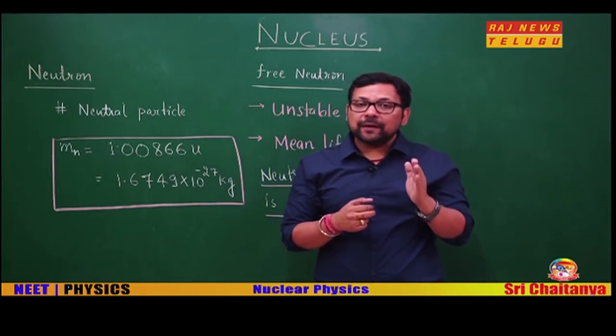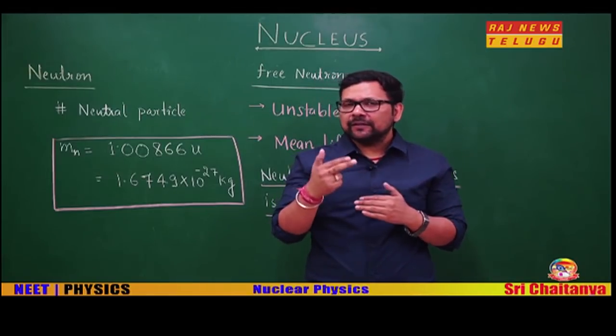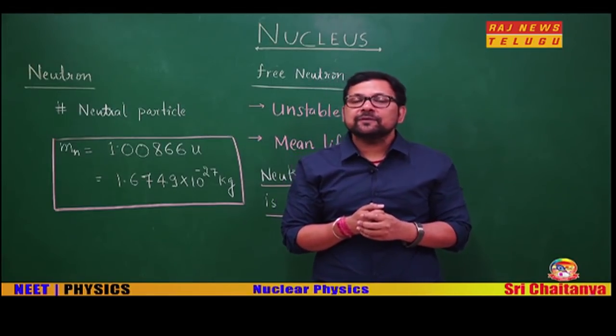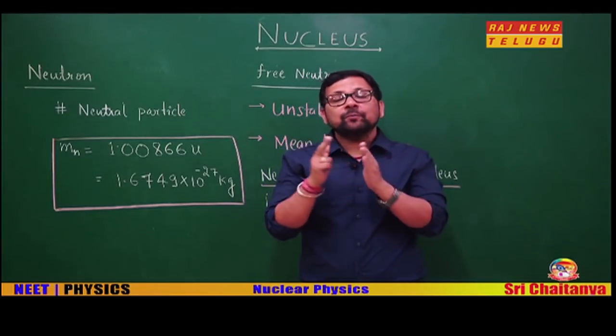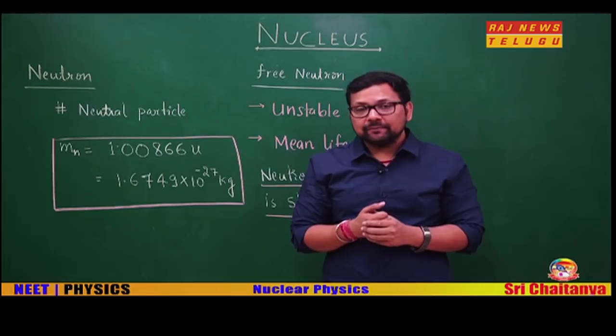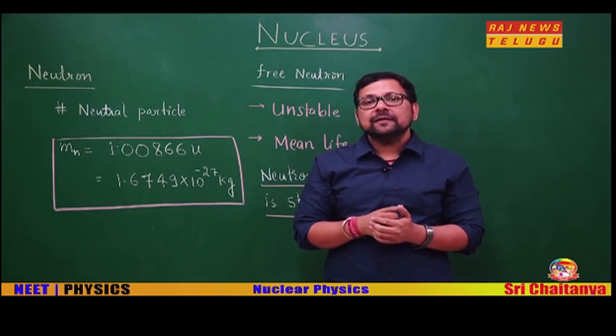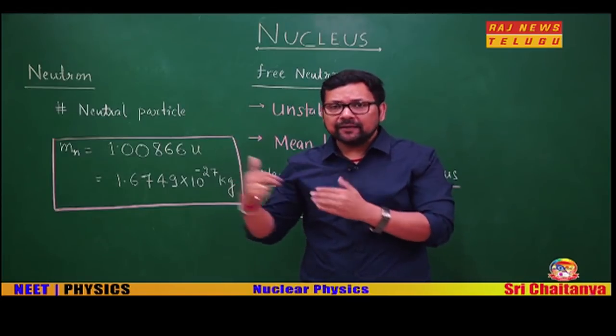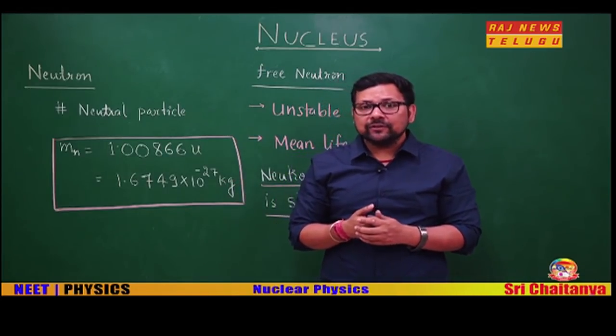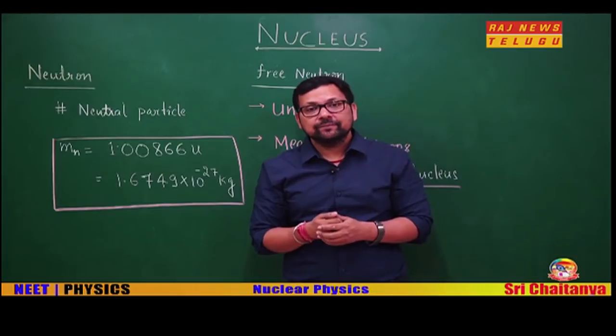The experiment was being done in the year 1930. When alpha particles were bombarded on a beryllium atom, some radiation was emitted, and that radiation was neutral.